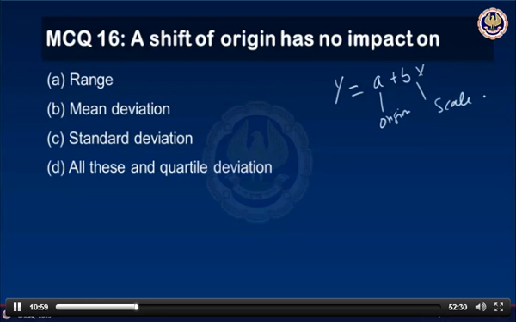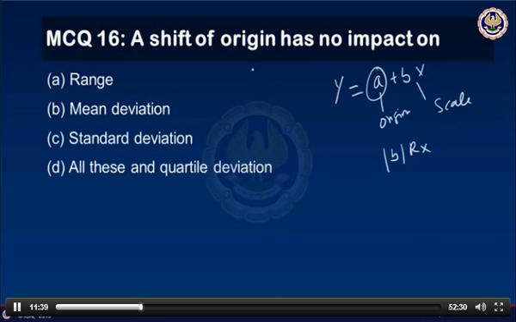As per the properties of range, mean deviation, standard deviation and quartile deviation, if y equals a plus bx, then range of y is modulus b times range of x. So the range is not affected by origin, but it is affected only by scale.